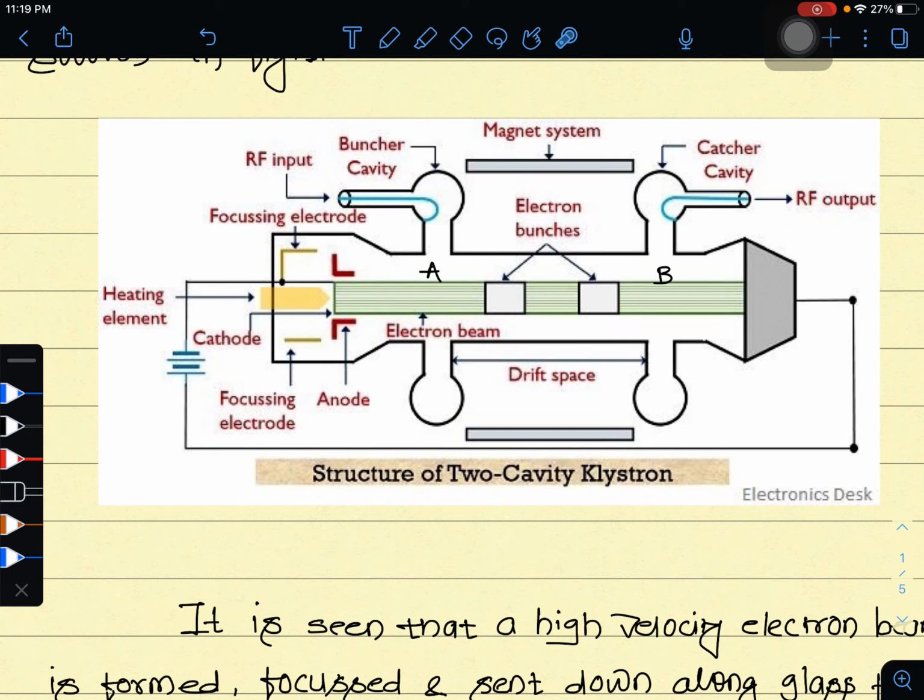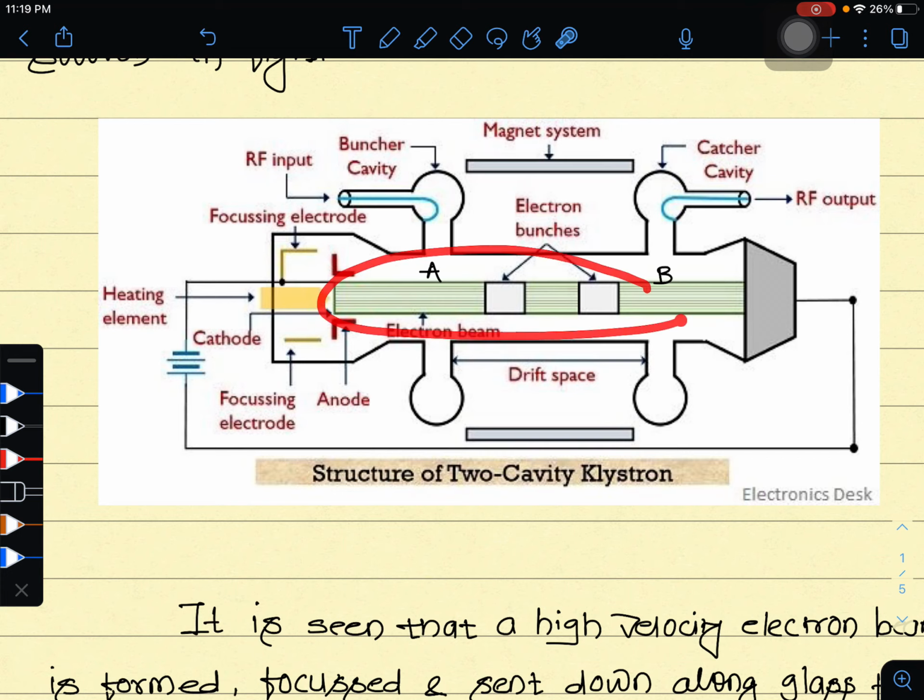The grid of the cavity allows the electrons to pass through a confined magnetic field. This magnetic field is generated by the magnetic system, and is also called magnetic focusing.